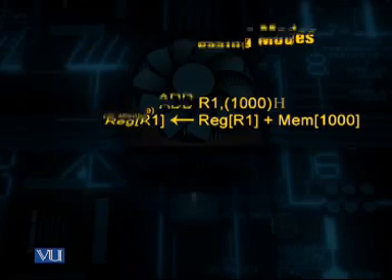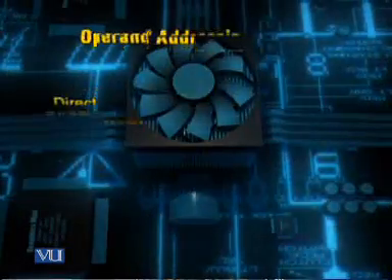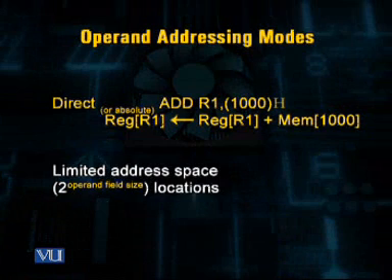In this case, hex is always understood, that we are writing all addresses or all data in the hexadecimal system for convenience of representation. However, in this particular case, the address space is limited, which is equal to 2 raised to the power of the operand field size, which may be 16-bit or 8-bit depending upon the size of the register.